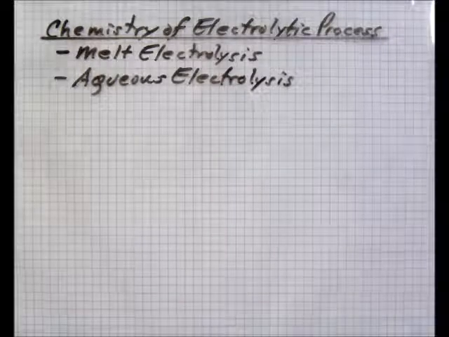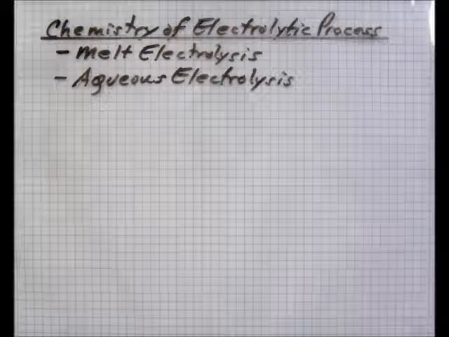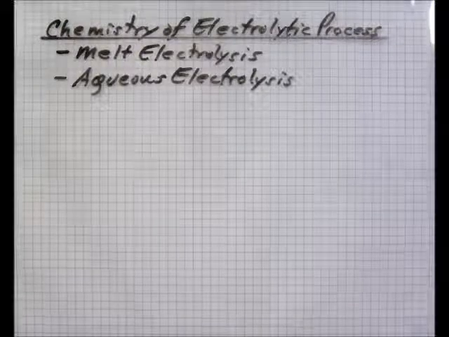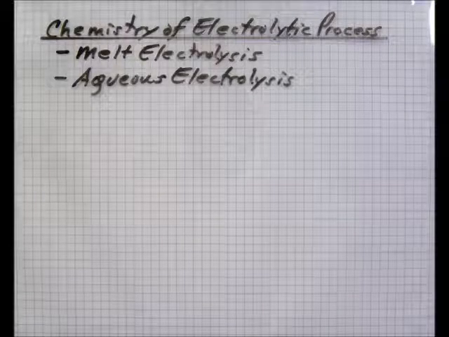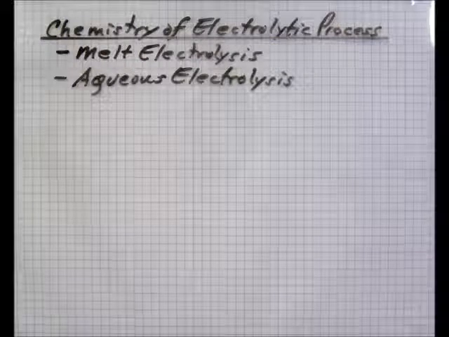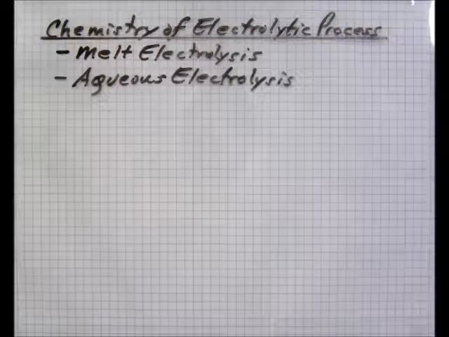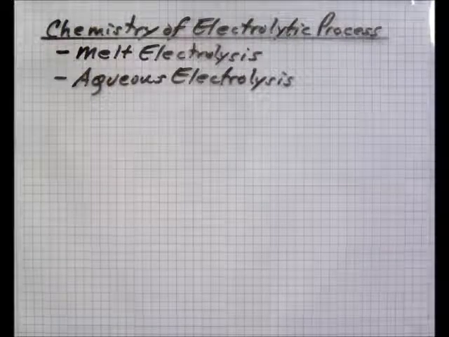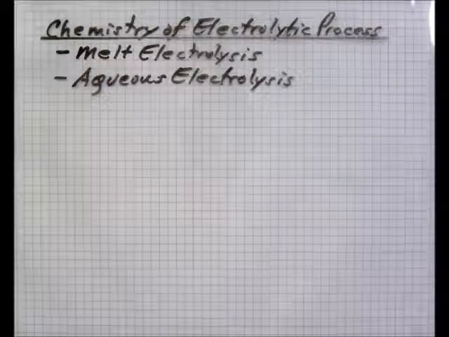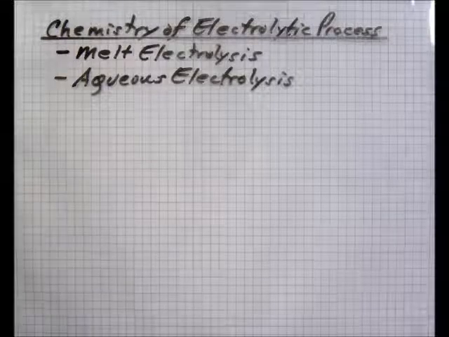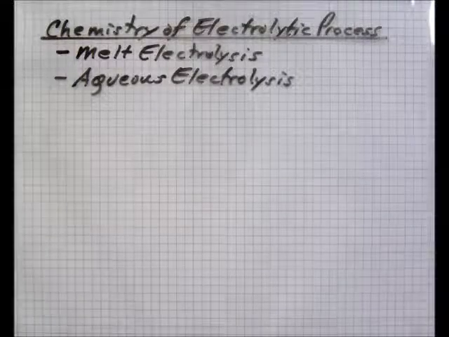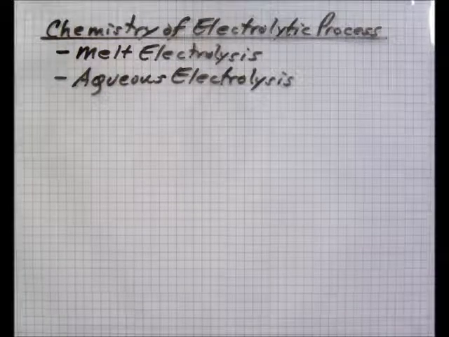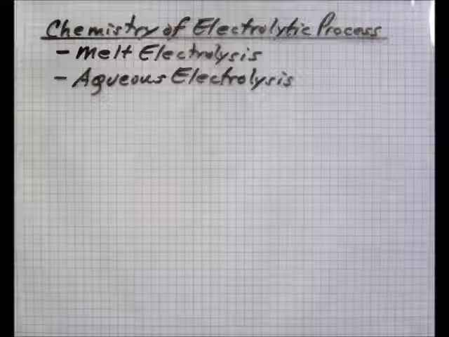In aqueous electrolysis, the salt ions are in competition with water molecules that will also undergo oxidation or reduction depending on the charge of the electrodes. So we have to take that into account and determine from experiment, or from a reduction potential table, what reaction is dominating at a given electrode, whether it's water or the ions from the salt.